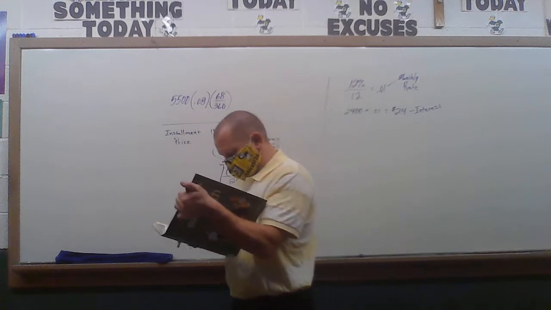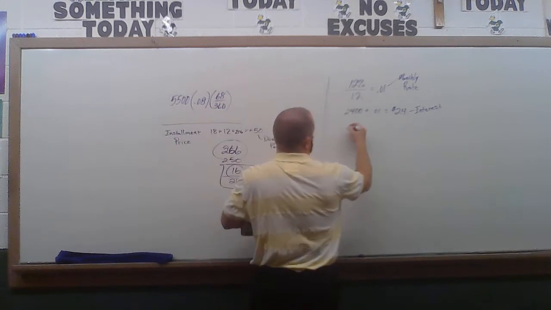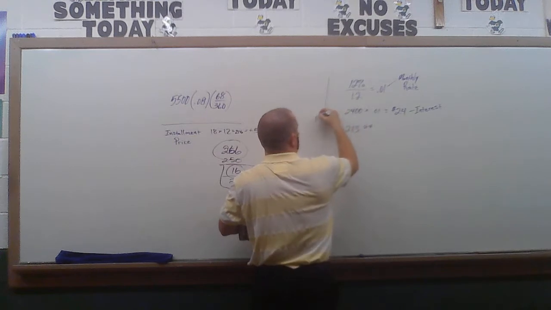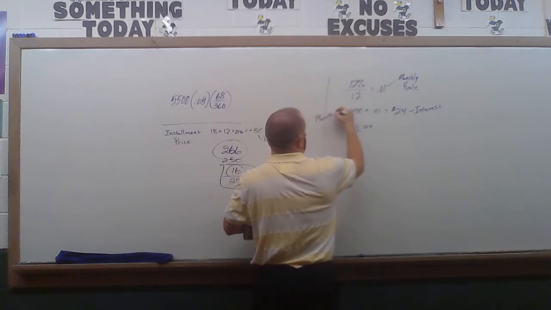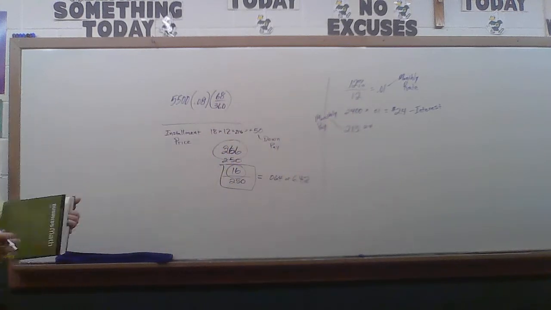Okay, so it says the amount applied to the principal. How do I find that? Perfect. $213.24 is my monthly payment. There's no argument with that, right? Some people are still confused about where we get this.